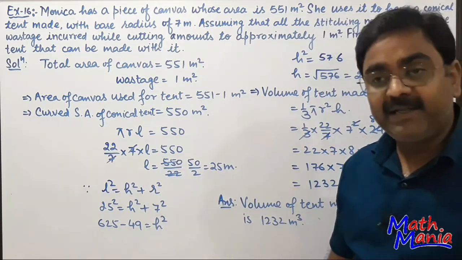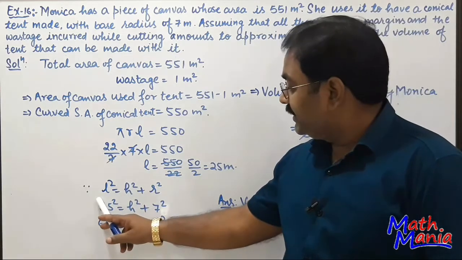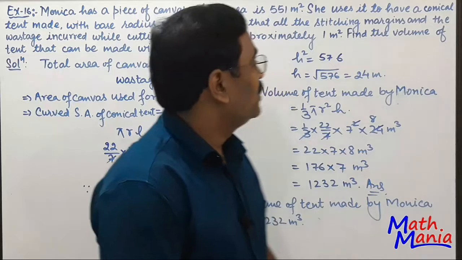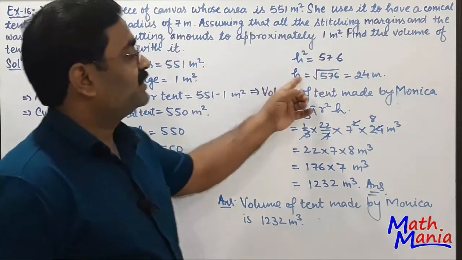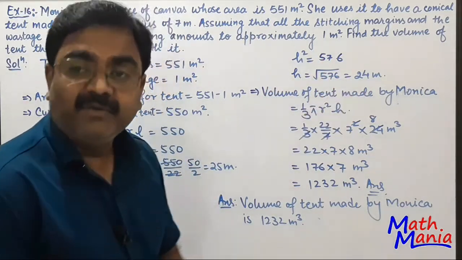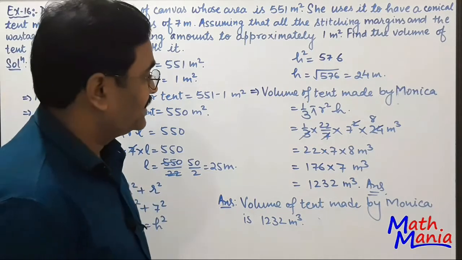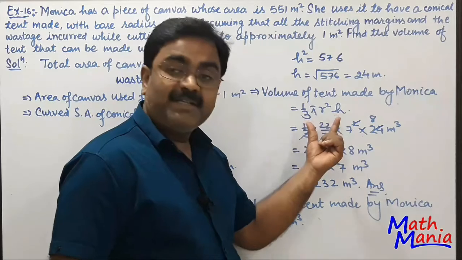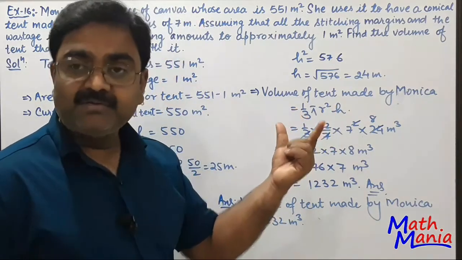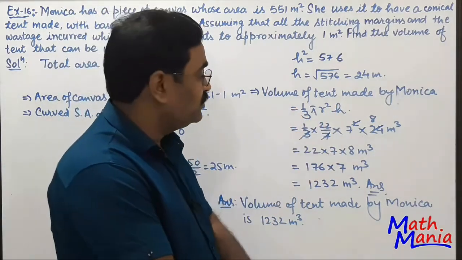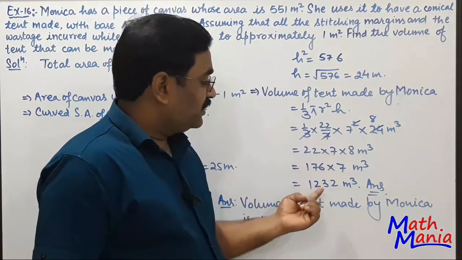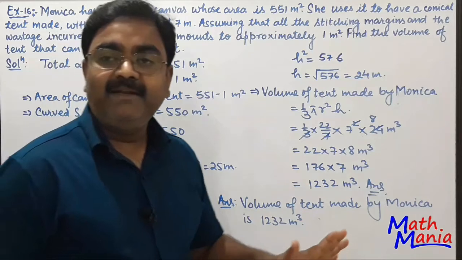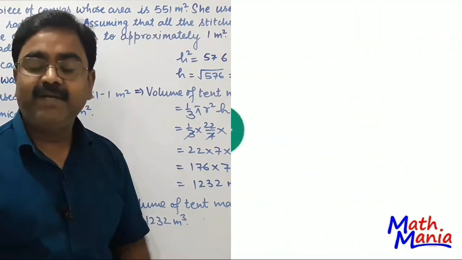After that, we found the actual height, h square is equal to 576, so h is equal to 24 meter. We got the square root of this 576. So the volume of the tent is 1/3 pi r square h because it is in the shape of a cone. So we got 1232 meter cube as the actual volume of the tent made by Monica, right?